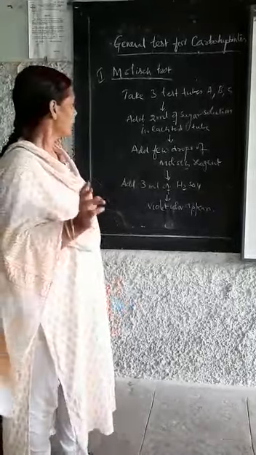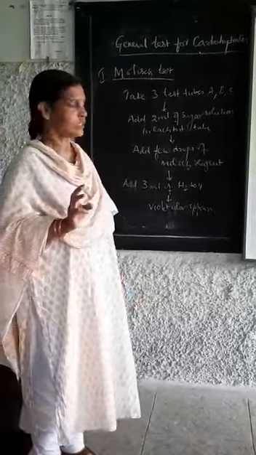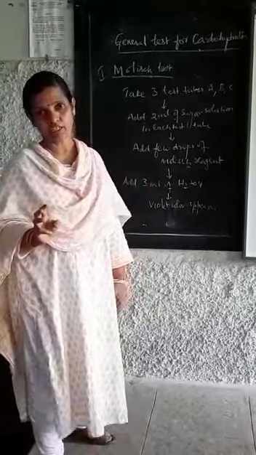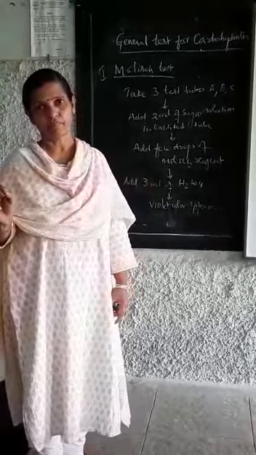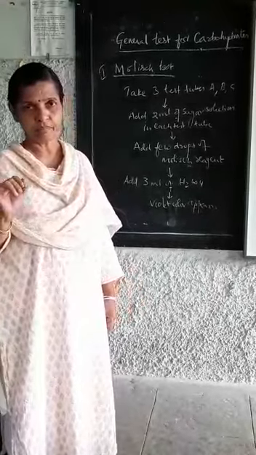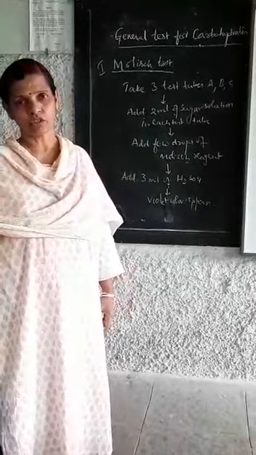After taking 2 ml of sugar solution in 3 different test tubes, we will be adding a few drops of Molisch reagent in each test tube.